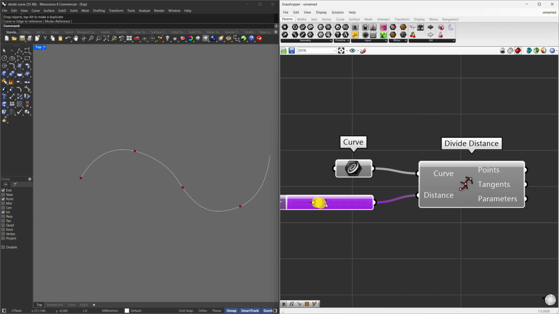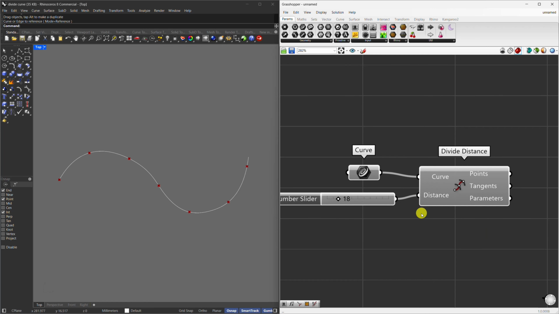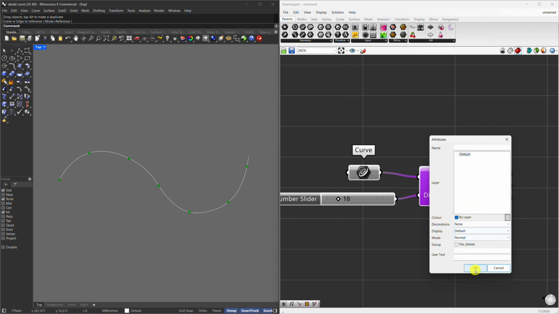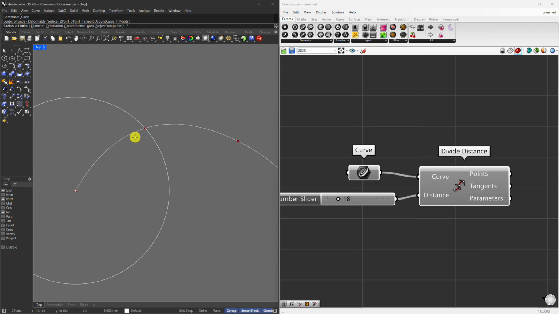Okay, let me prove it to you. Before that, how is it taking the distance? Let's make this. So all the points came here. Let's draw a circle at this point. How much? 18 we have done. So I put an 18 radius circle.